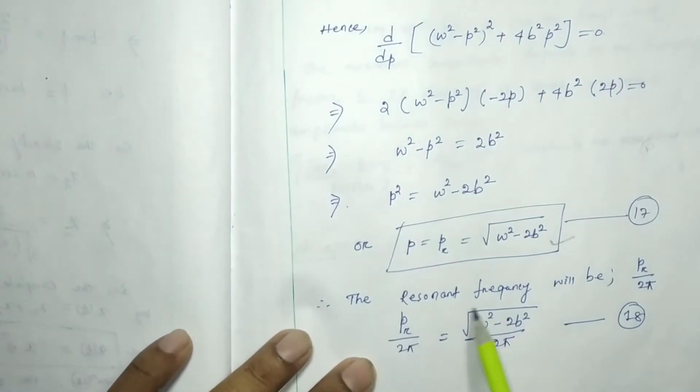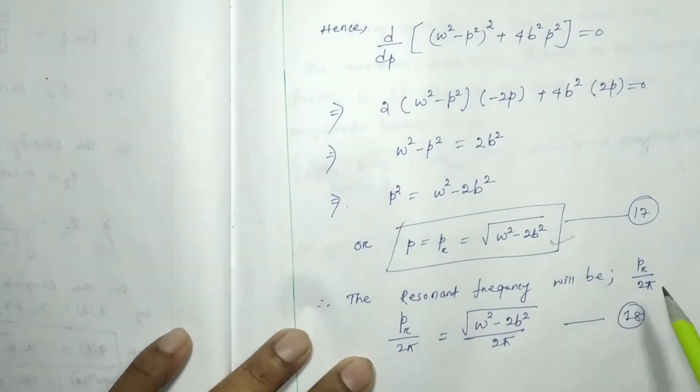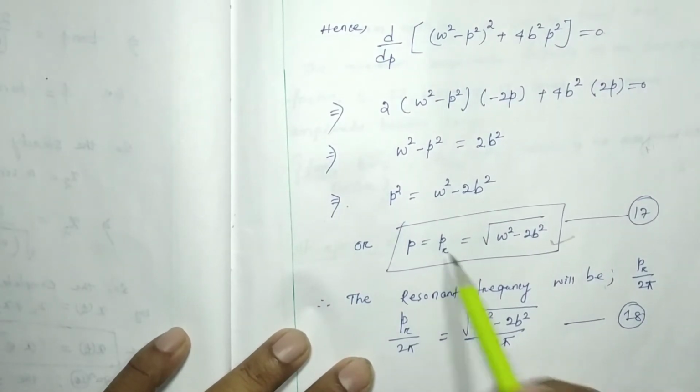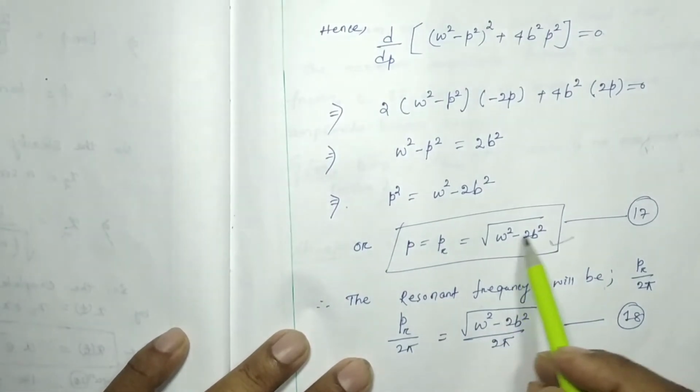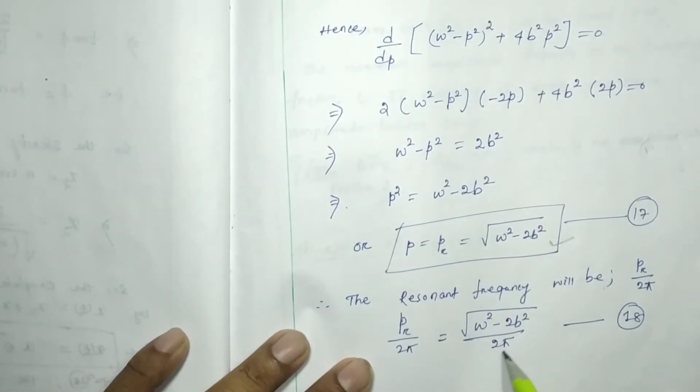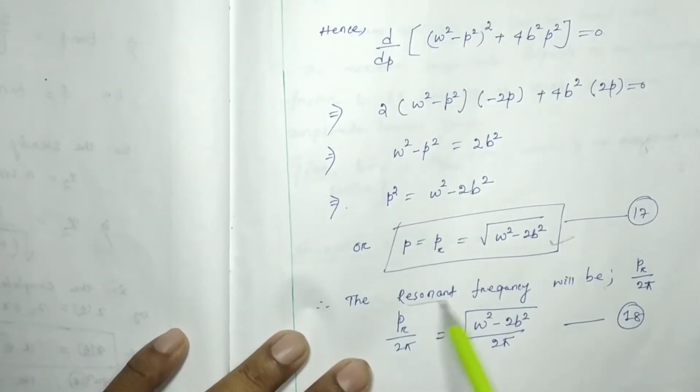So the resonant frequency will be how much? I told that frequency will be here omega by 2 pi, likewise PR by 2 pi. So PR by 2 pi will be equal to square root of omega square minus 2b square, whole divided by 2 pi. Equation number 18. So this is your resonant frequency of what?